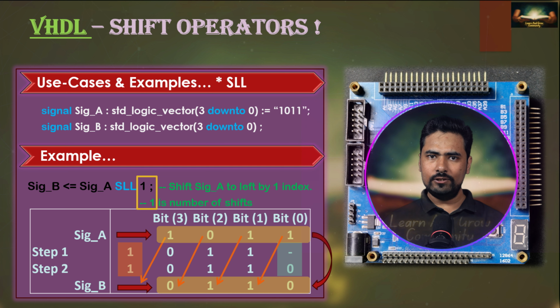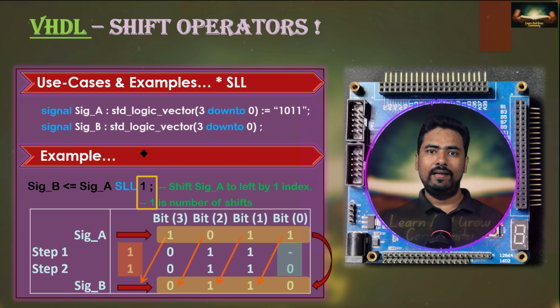So these two signals are: signal sig A colon std_logic_vector 3 down to 0 colon equals 1011 semicolon. Signal sig B colon std_logic_vector 3 down to 0 semicolon. Now we write the statement: signal B gets the value of sig A SLL 1 semicolon.